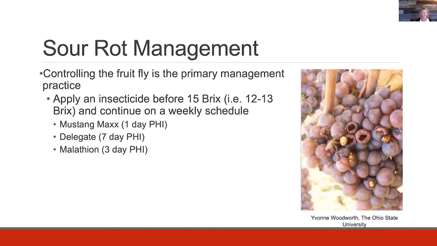The recommendations are Mustang Max, Delegate, and Malathion. I'm going to have Elizabeth pipe in about whether or not these are different modes of action, but I do want to state that you need to make sure that you alternate your modes of action, similar to what I always am saying about fungicides, so that you can prevent resistance build up.